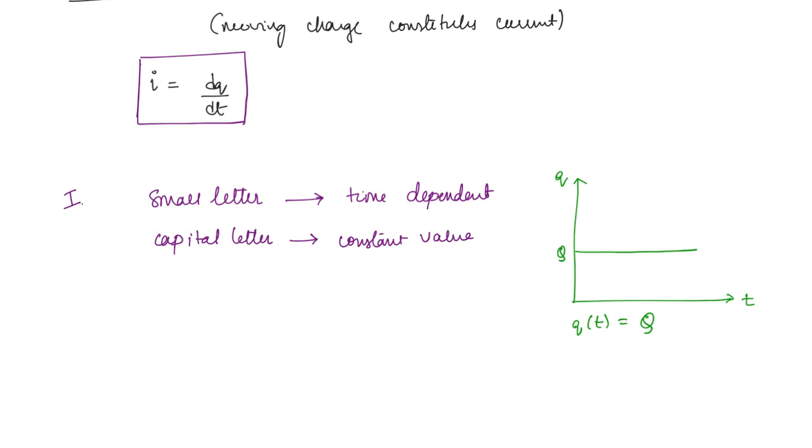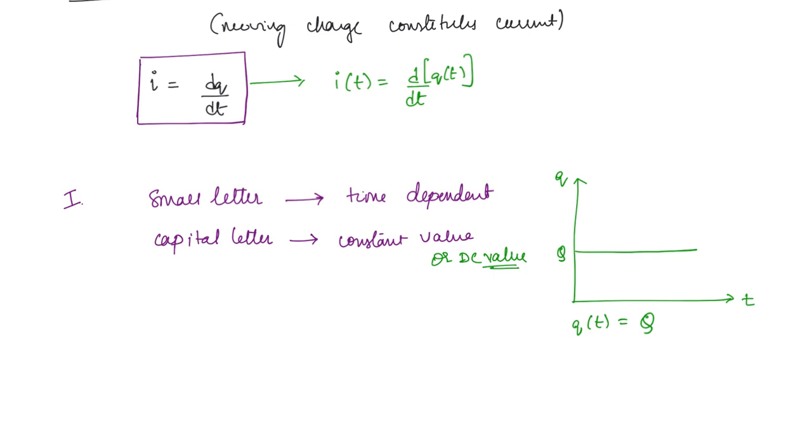Constant value means DC, direct current, right? We will discuss direct current and alternating current a little while later. But for now, constant value we can also call a DC value. Now here this function we can write in an even better way. i of t, the current as a function of time t, is going to be equal to differentiation of a function which is called q of t.